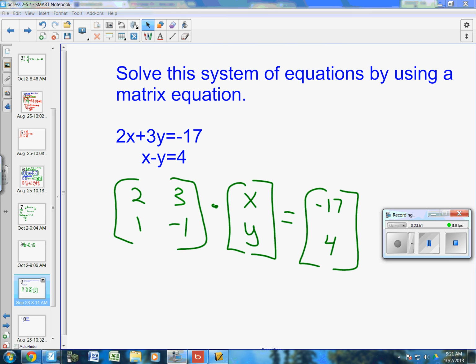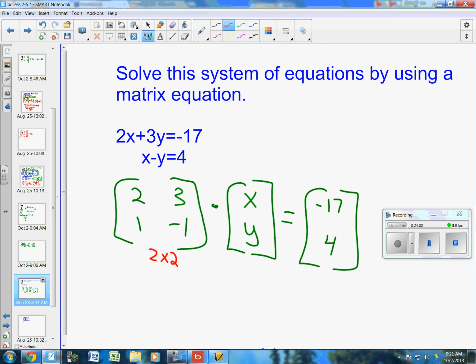Okay, guys, this is how you set up a matrix equation for a system of equations in two variables. Okay, think about this. This is a 2 by 2 matrix, and I'm timesing it by what? The x and the y are the variables. What size matrix is this, you guys, the x, y?